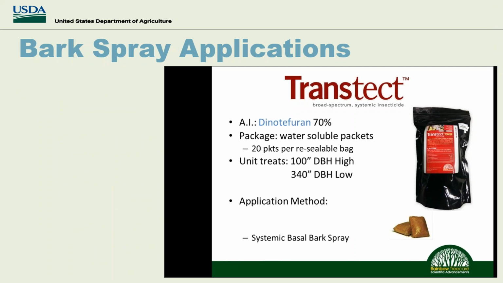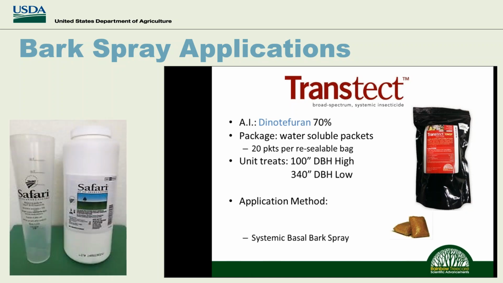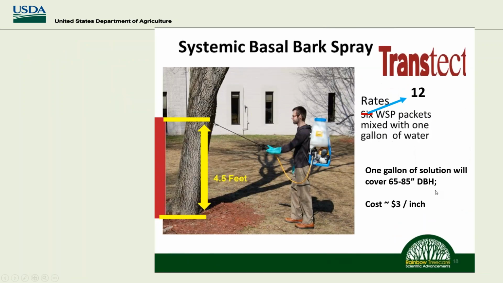So this is the packaging for the Transtect product. It's a 70% product. The other trade name is Safari, and that's a 20% product. And this Transtect is rather expensive. That black pouch will cost you about $350. And the application method I've already discussed, but from the base to about 4.5 to 5 feet.